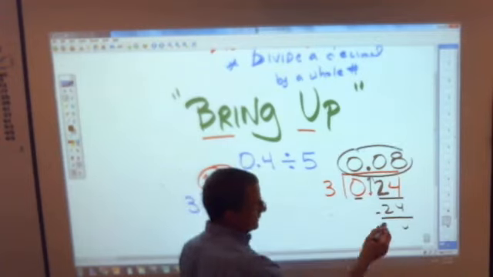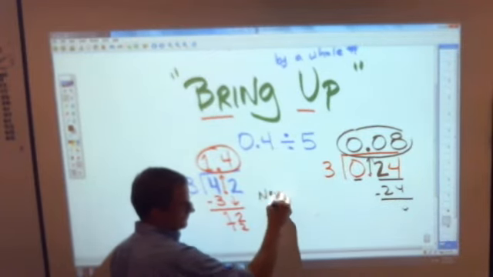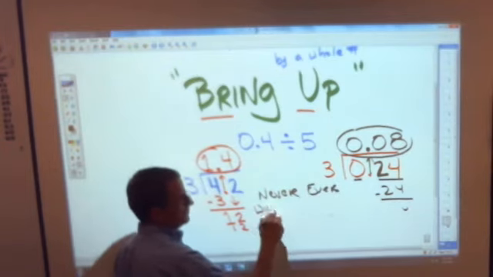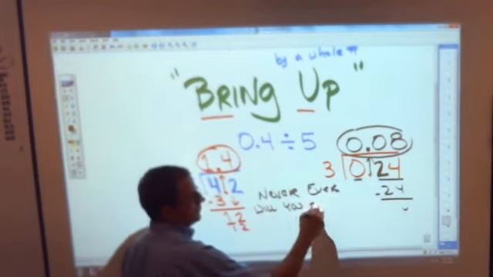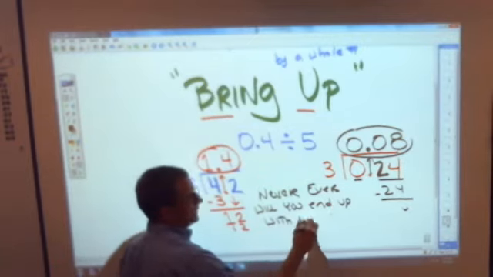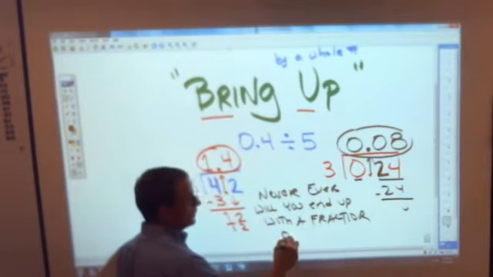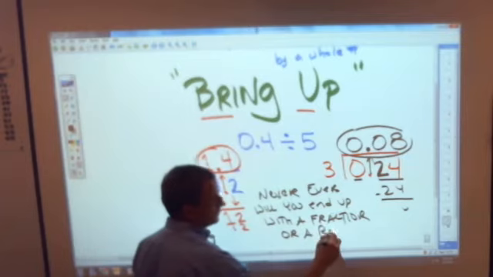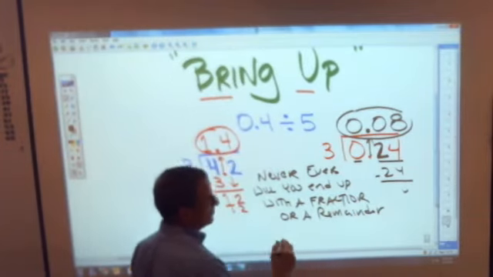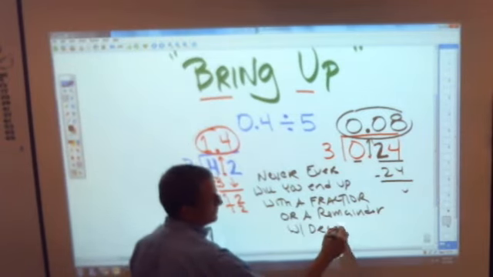Okay. Now write this down. Never ever will you end up with a fraction or a remainder with decimals.